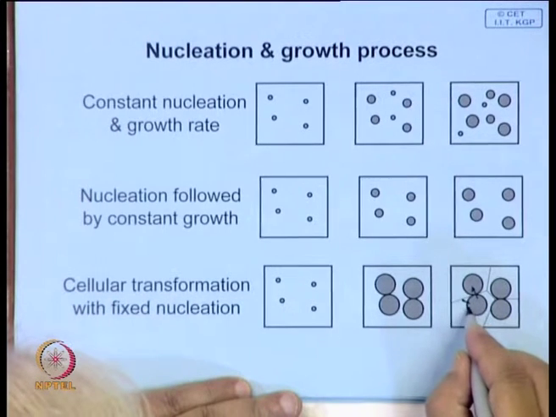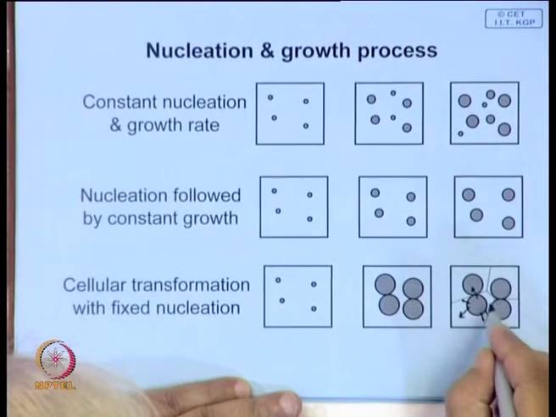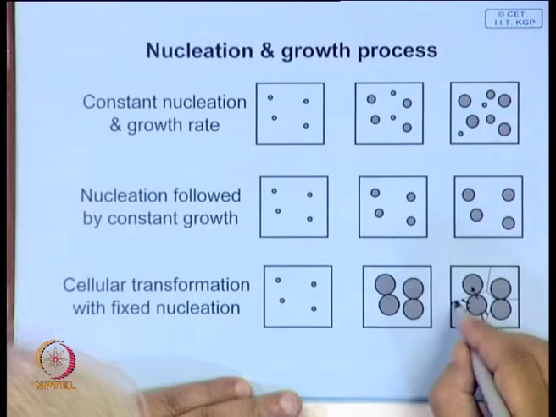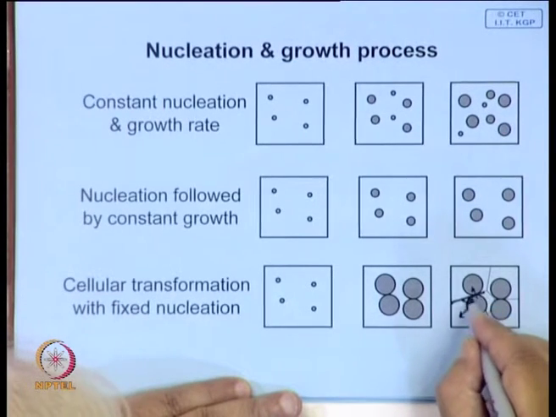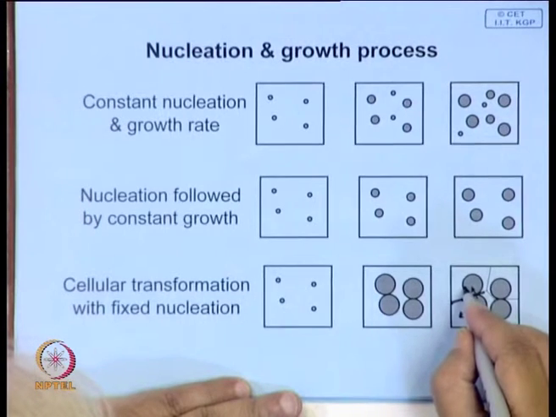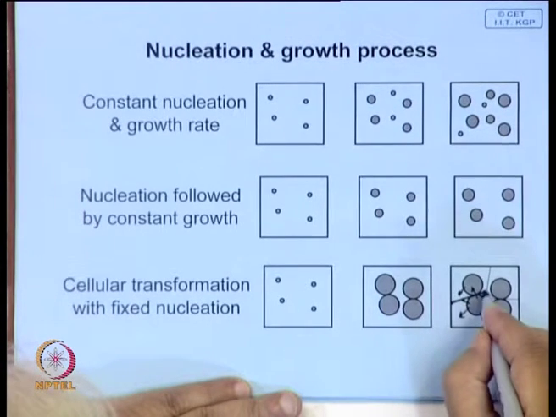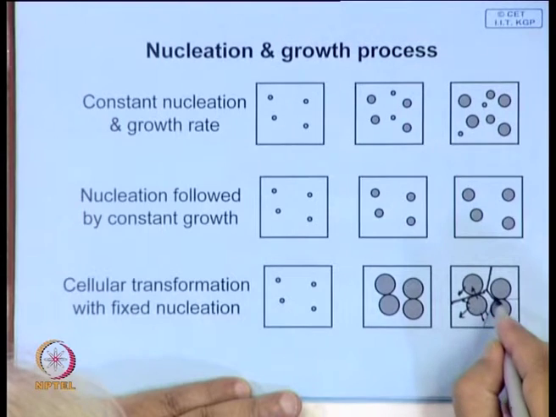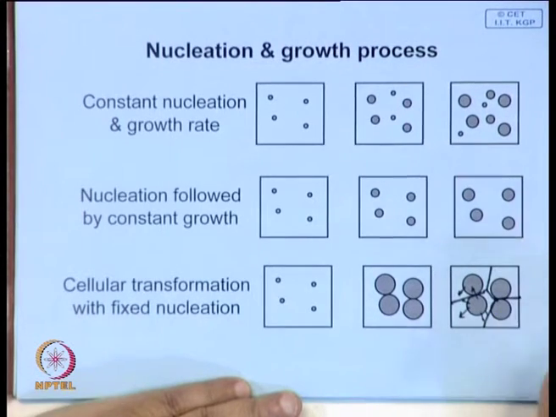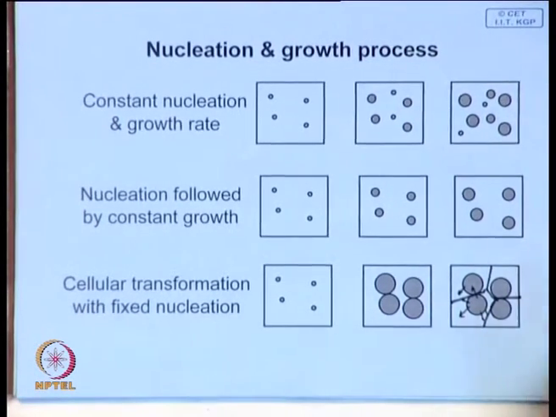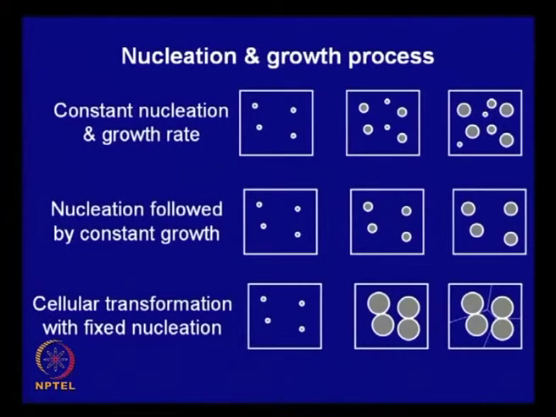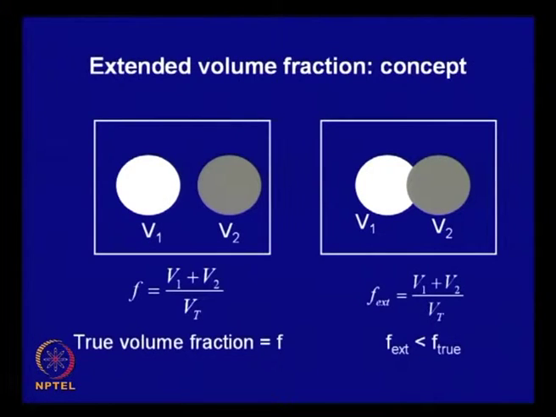This will grow in this direction, this can grow in this direction, and by the time this grows up to here, maybe this also will grow, they come together, and you have this kind of structure developing. So, impingement is an important factor, and it shows up towards the end of the precipitation or transformation process.